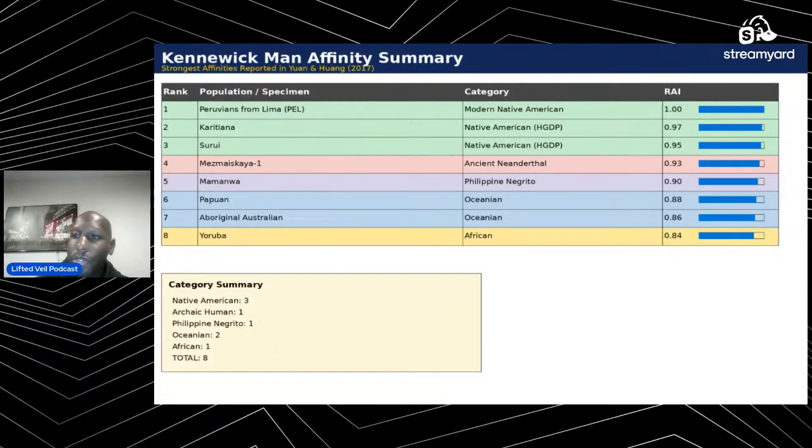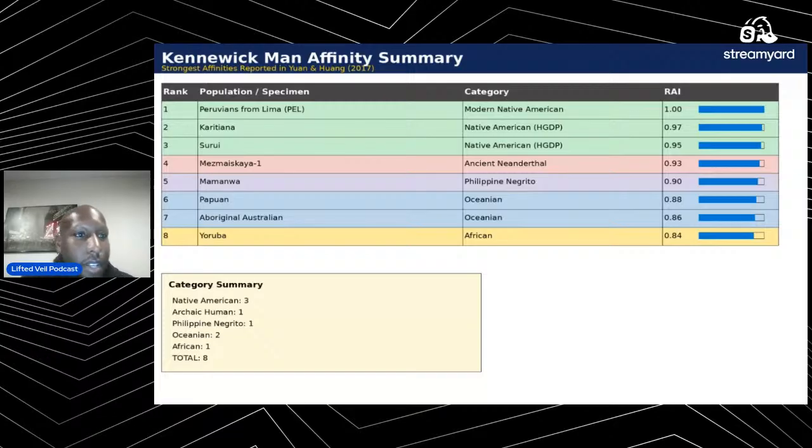Okay, so this first chart represents Kennewick Man's overall affinity to all populations involved in the study. And you can see number 1, you have the Peruvians from Lima in South America sharing the strongest affinity.